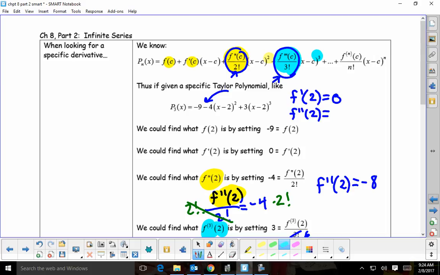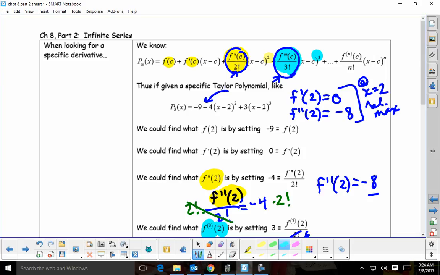We found it to be -8. So by the second derivative test, what was at x equals 2, what happened? It was a critical number, concave down, which means it would have been a relative max. So this is where a relative max would have occurred.